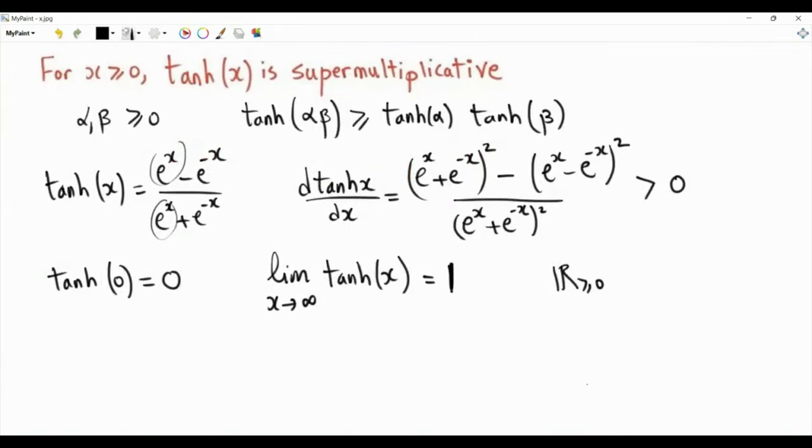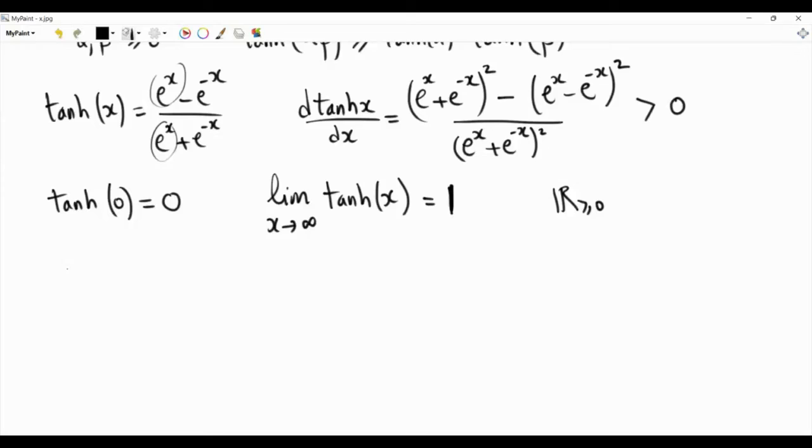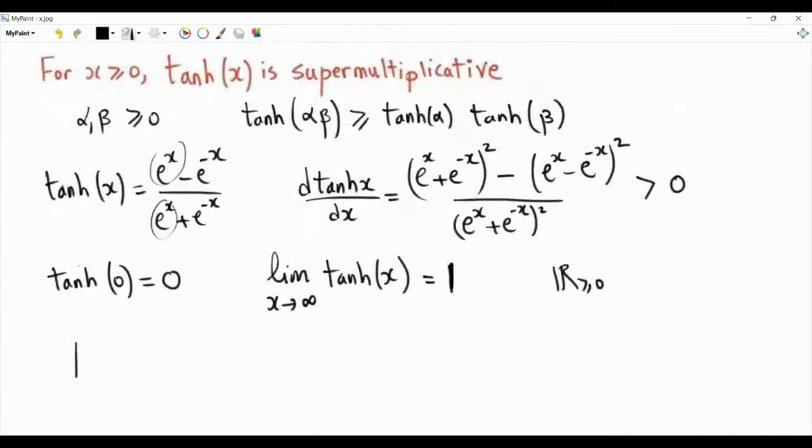Because the tanh is increasing, let's consider the case in which we want to show this inequality. So let's assume that either alpha or beta is greater than or equal to 1. So let's take beta greater than or equal to 1.